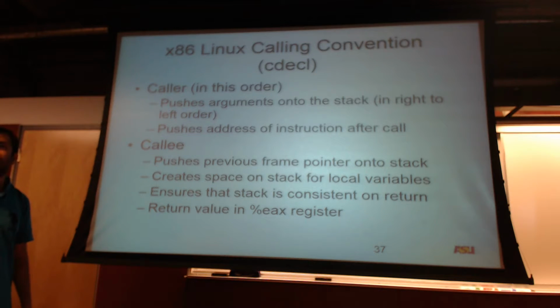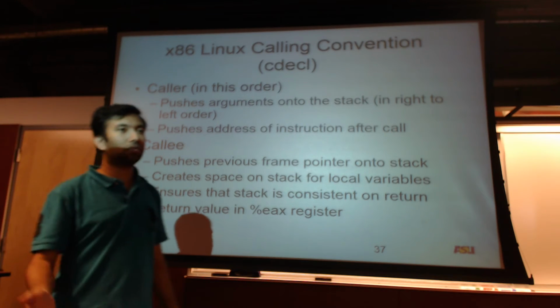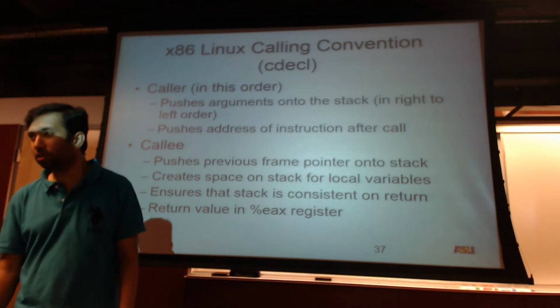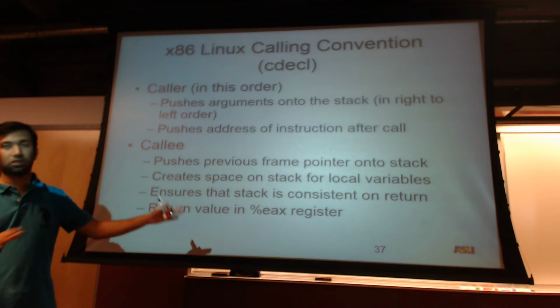When you return, you have to leave the stack as it was changed by the caller. And then finally, if the callee has a return value, it has to put that return value into the EAX CPU register. So that is the convention.